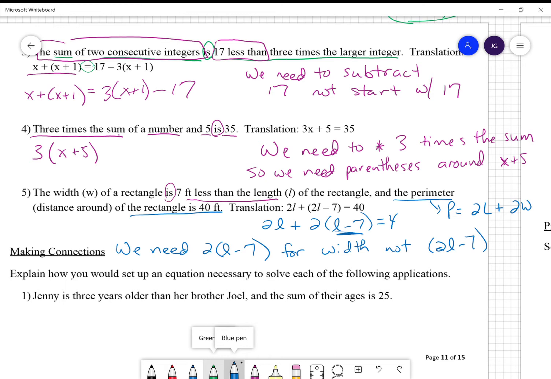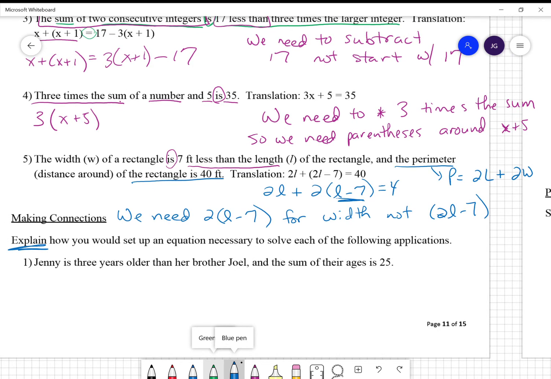Okay. Next part, making connections. Now, I'm not asking you to solve. I'm asking you to explain how you would set it up. If you can explain it, you really understand what's going on. Jenny is 3 years older than her brother Joel. The sum of their ages is 25.